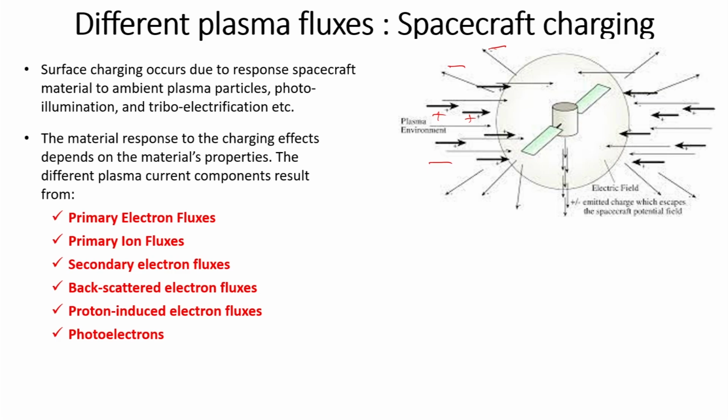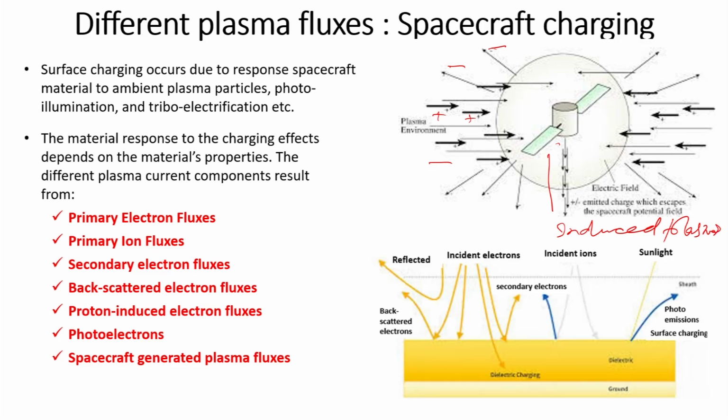There can be photoelectrons, meaning the photons that the sun is emitting can have sufficient energy to excite electrons from the surface of the spacecraft. Then the spacecraft can generate its own plasma fluxes, which we will also discuss. This picture shows the induced plasma. Induced means it is created by the spacecraft itself.